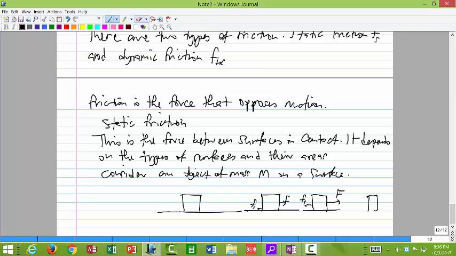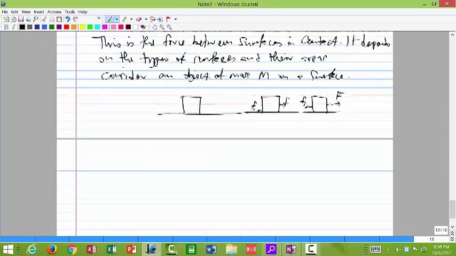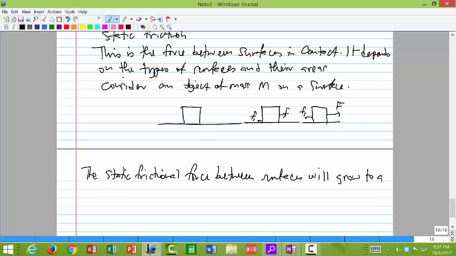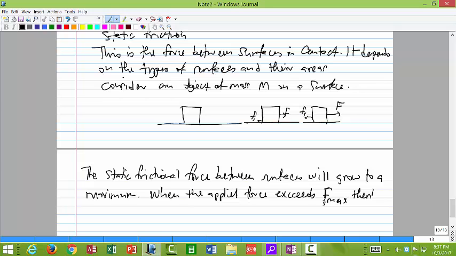I've run out of space there. So the point of this is that the static frictional force between the object and the surface will grow. It will grow to a maximum, and when the applied force exceeds the maximum static friction, then the object will start moving.